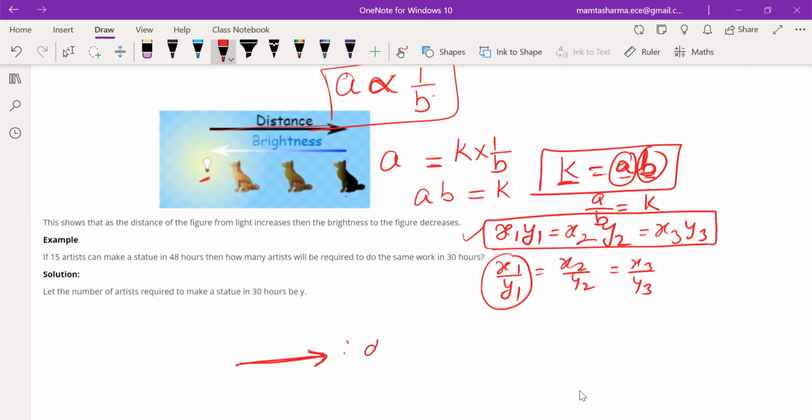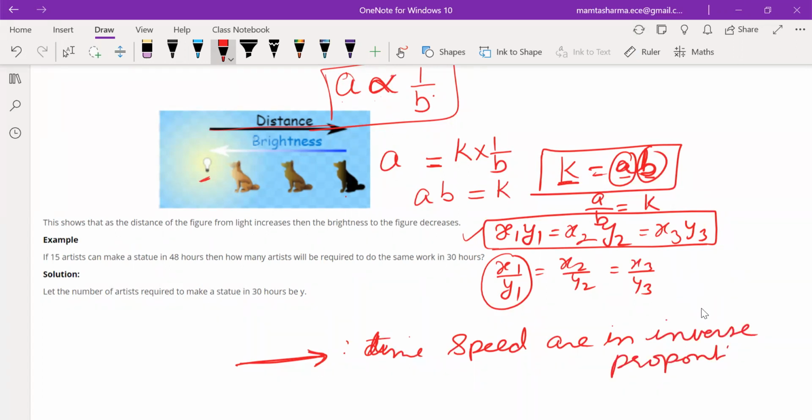So we can say the time and speed are in inverse proportion.